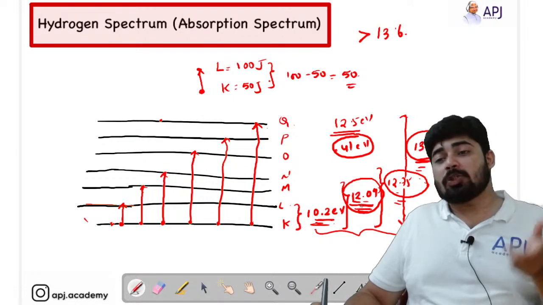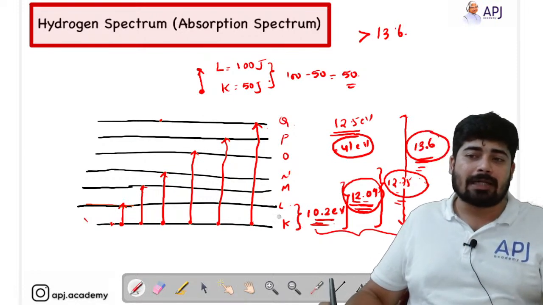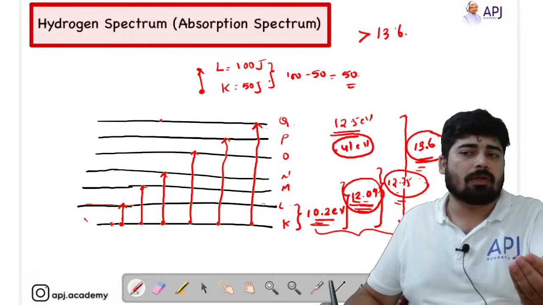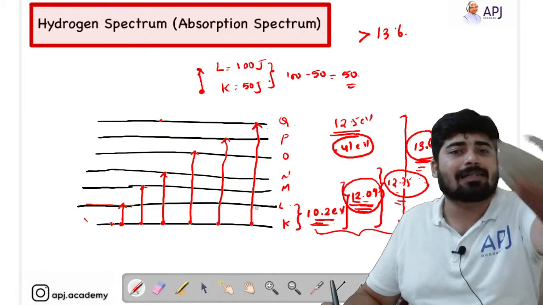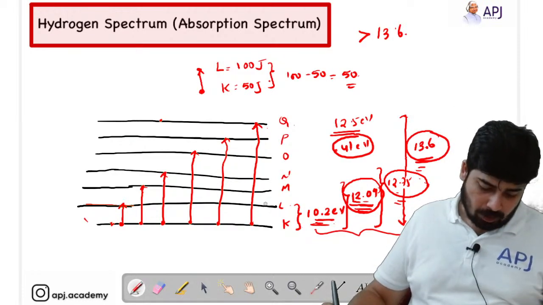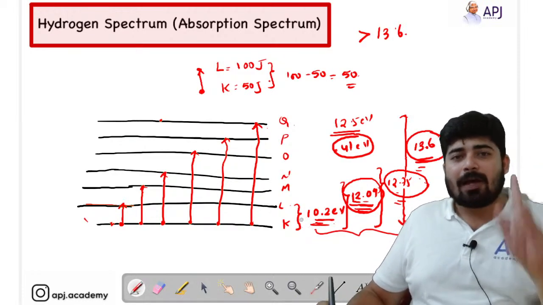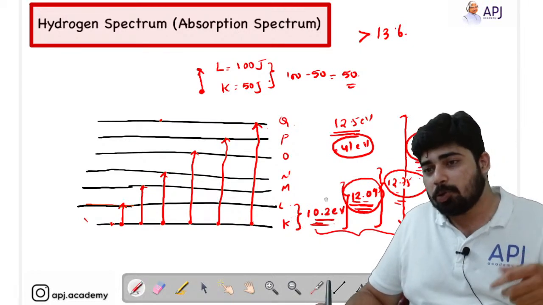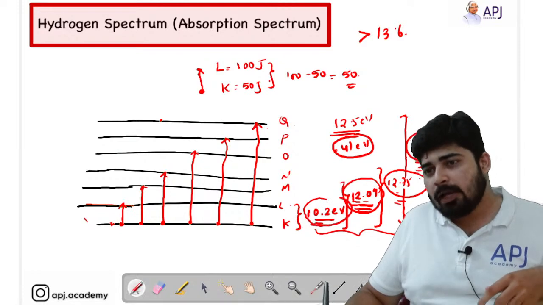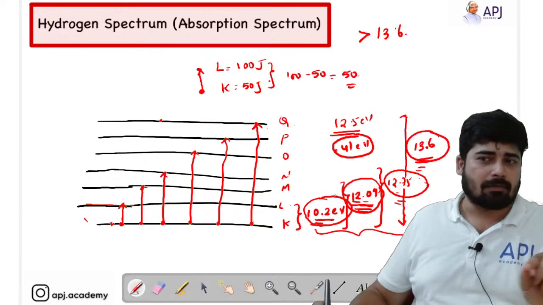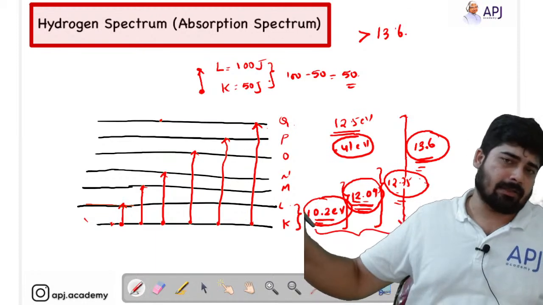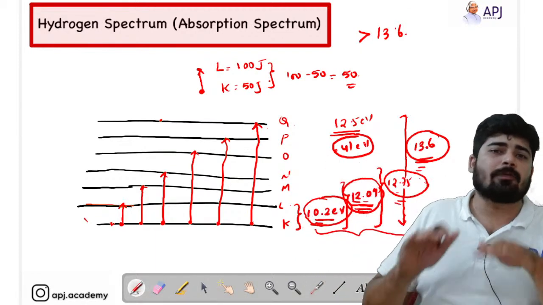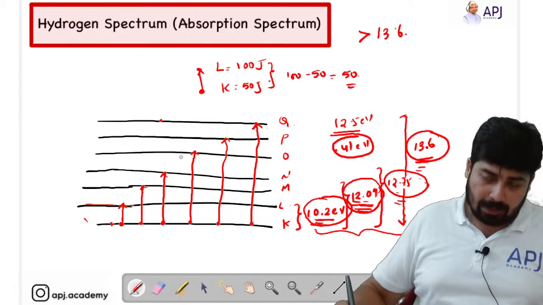If you are providing 12 electron volt, then it will excite to the next shell by using 10.2 electron volt, and the rest will be utilized as kinetic energy. So if an electron has to excite to at least the next shell, you have to provide this much. If this much energy is not provided, then the electron will not absorb that energy. It will still remain in the first shell. Hope that is clear, Hadia.